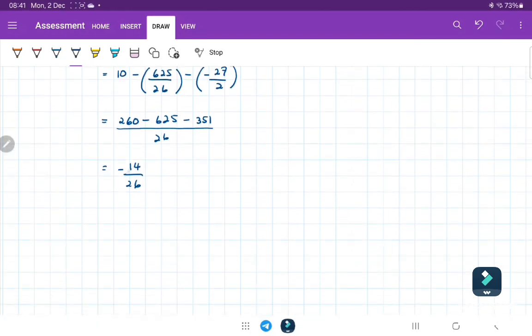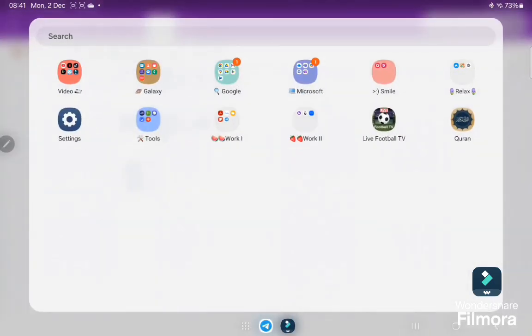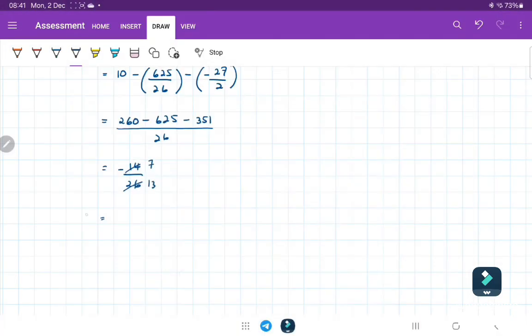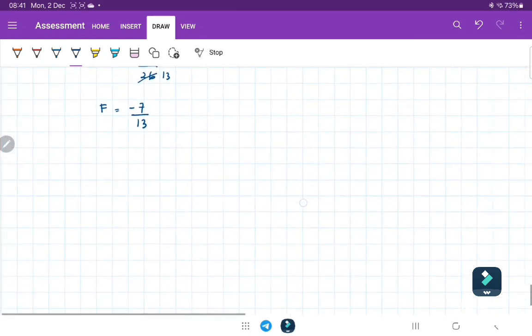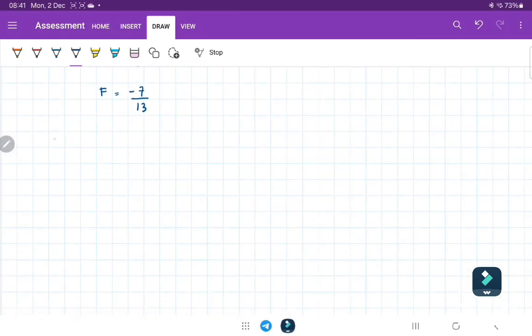Okay, let's try to simplify. Divide by 2, divide by 2. So basically my f is minus 7 over 13. Okay, so let's continue with s cubed.